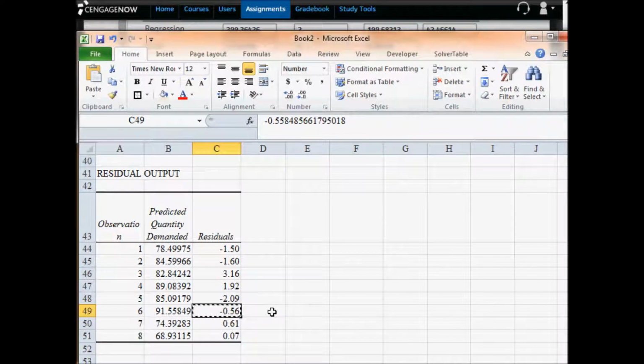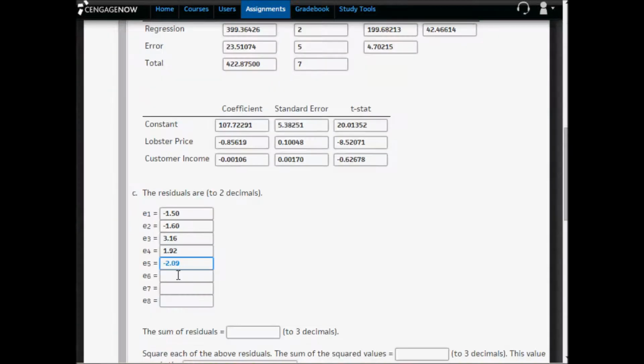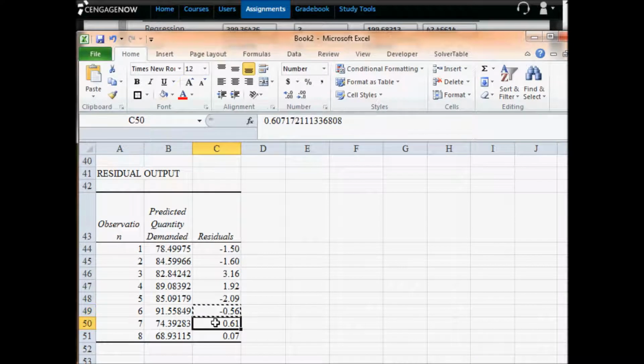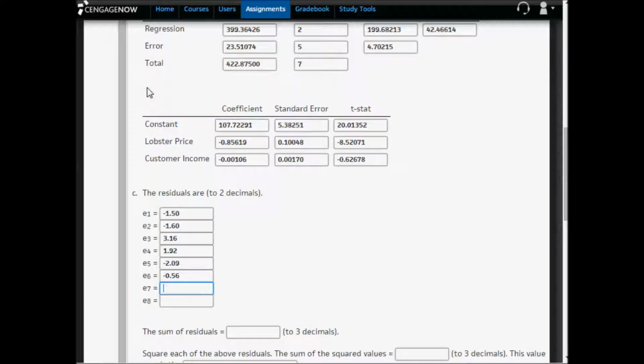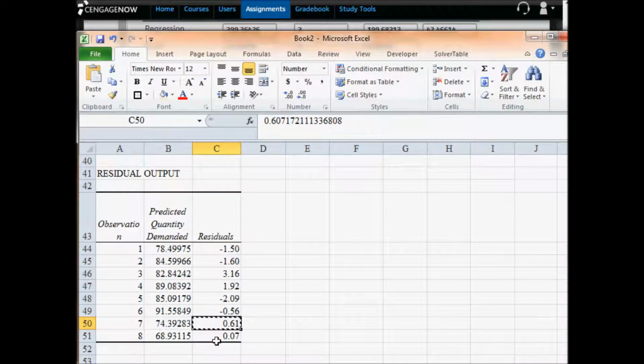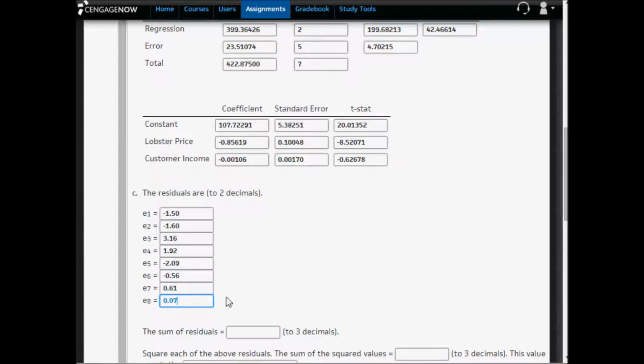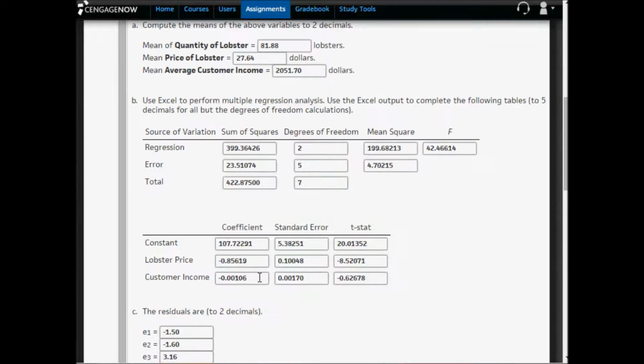The sixth residual, negative 0.56. The seventh residual, 0.61. And the last one, 0.08, or 0.07, sorry. So the model appears to have done the best with observation 8.